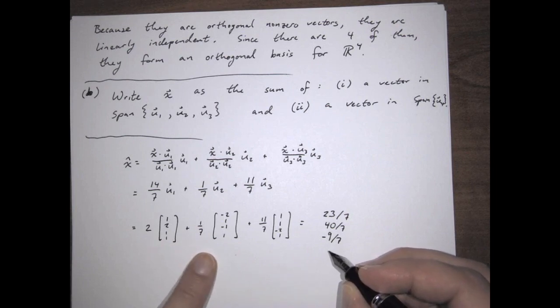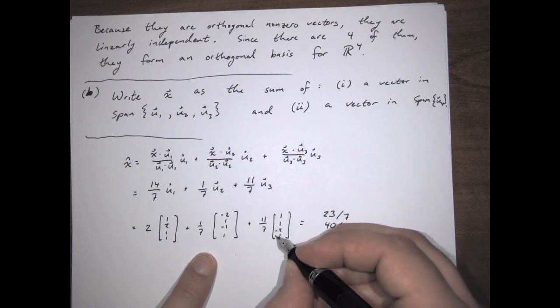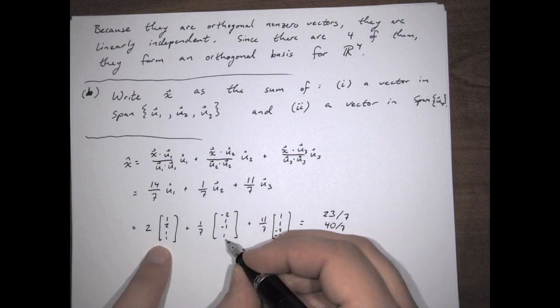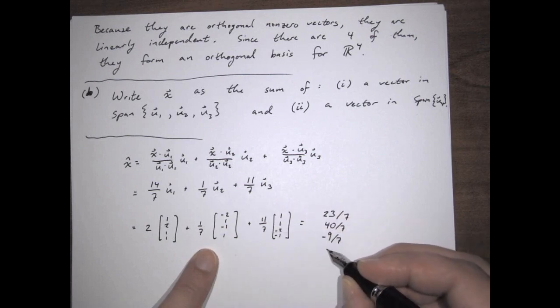Oops, my u3 here is supposed to be negative 1 down there. Okay, so it's going to be 14/7 plus 1/7 is 15/7 minus 11/7 is going to be 4/7.